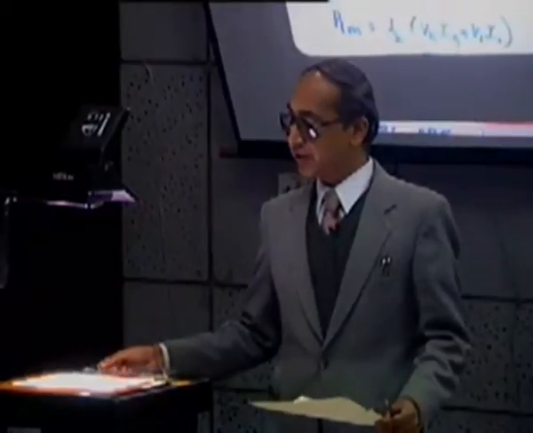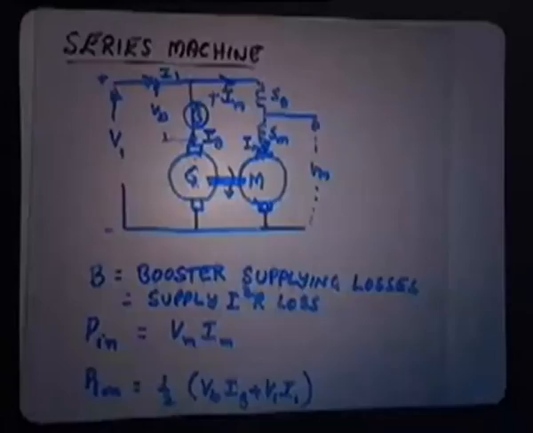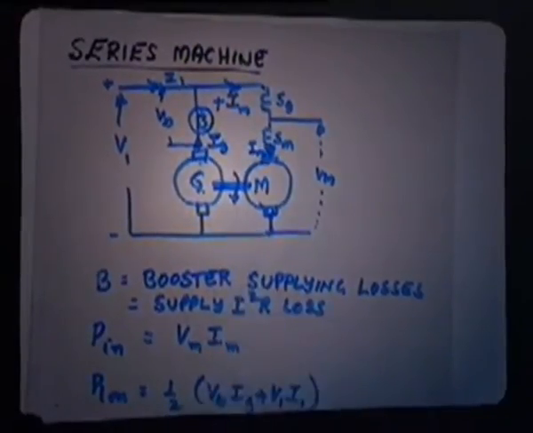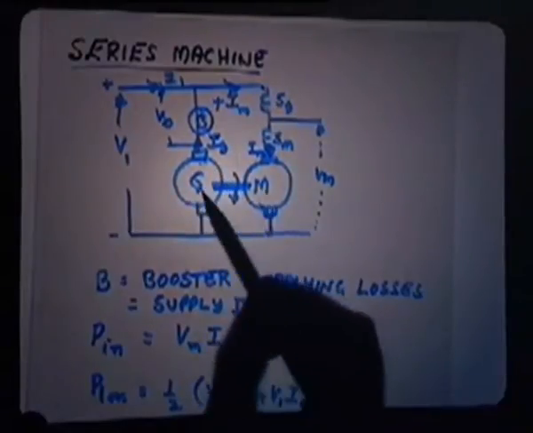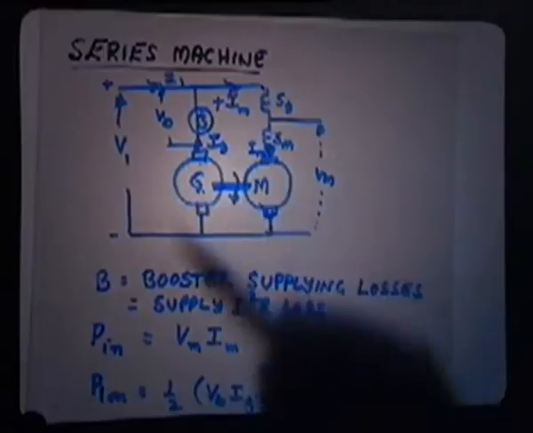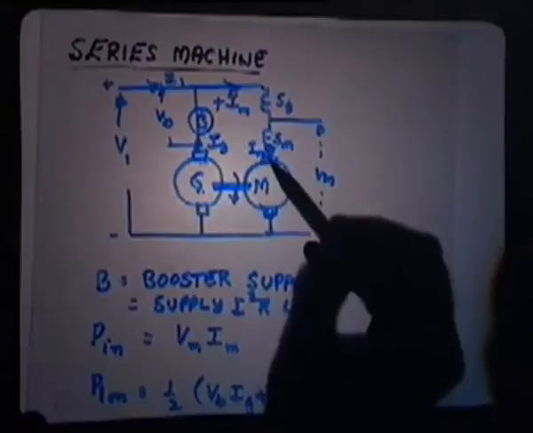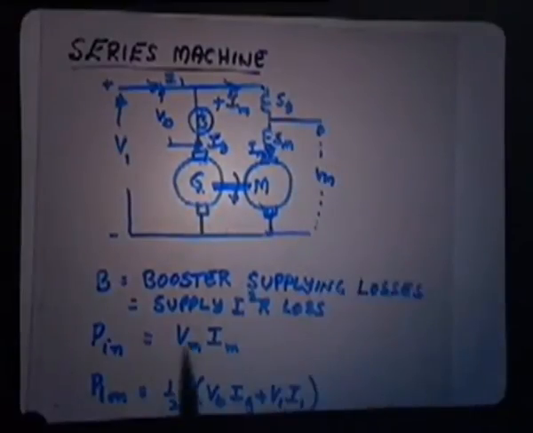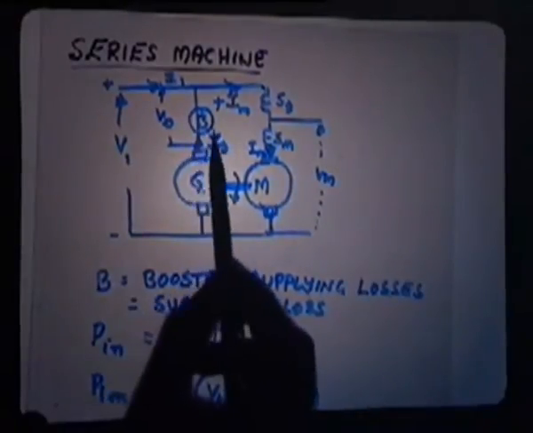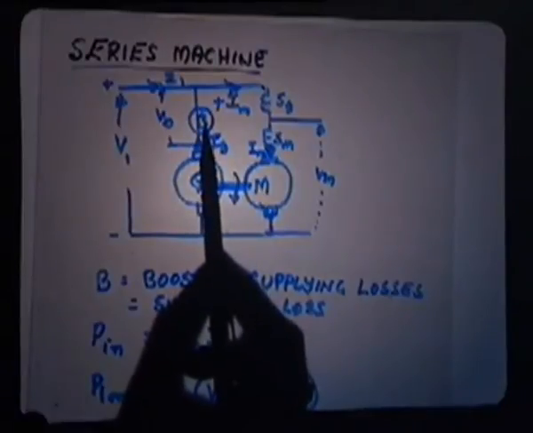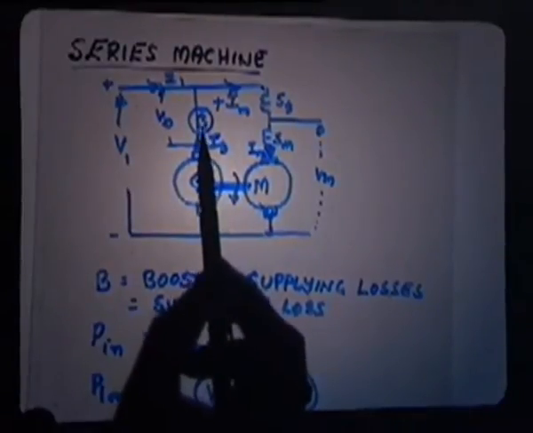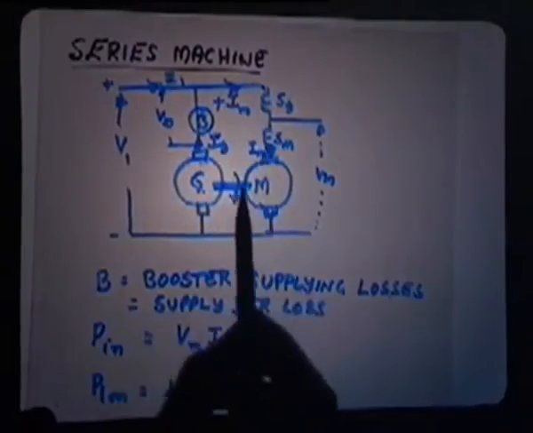Now let us look at the series machine. This is also called the series Hopkinson test. In a series machine, this is the type of connection. You take an identical motor and generator and connect the fields of both in series like this, and there is a booster here. That means another voltage source is connected here to supply for the losses, because this booster is used to circulate the necessary currents.